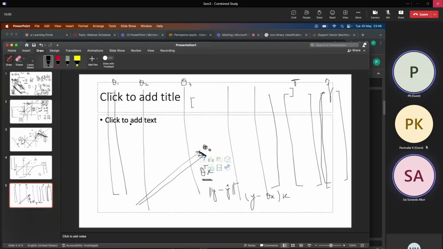I can do a loop nested with another loop and multiply theta 1 with x1, then theta 2 with x2, like that. But do you think that is efficient? The asymptotic notation there would be N square, a polynomial way of doing it.